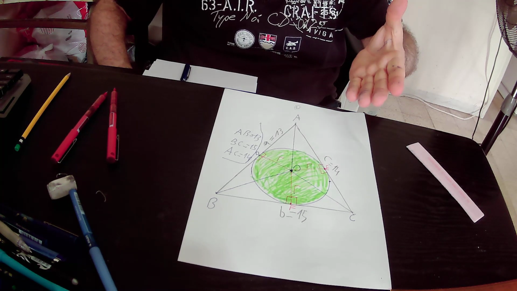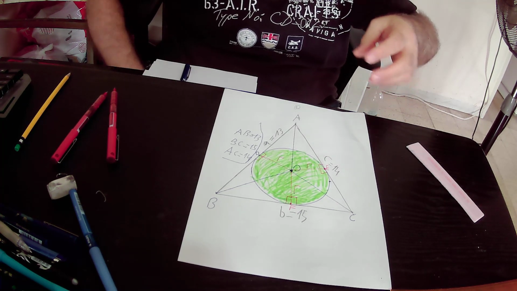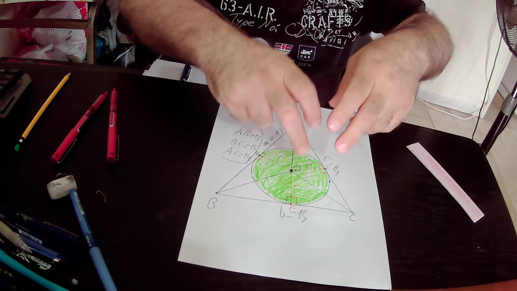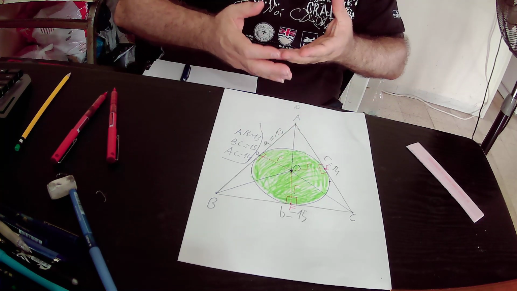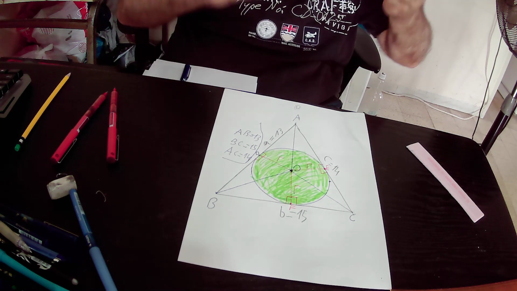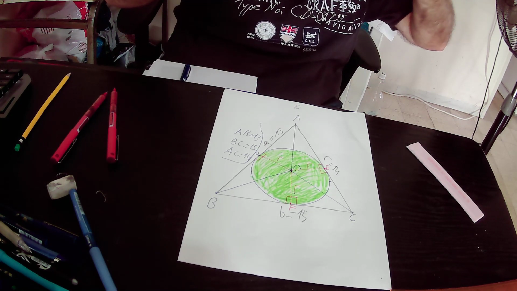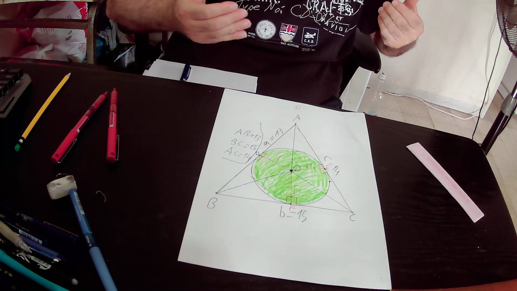So the only missing variable is R, because we know that the sum of the areas of those three triangles equals the area of triangle ABC, that is 84 units, and the only missing variable that we have here is the radius of the green circle.